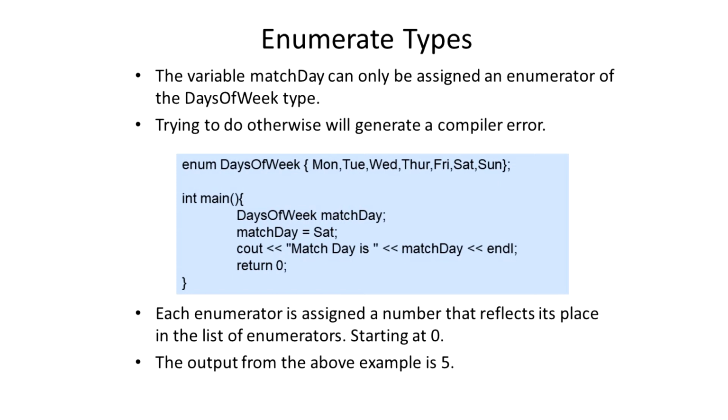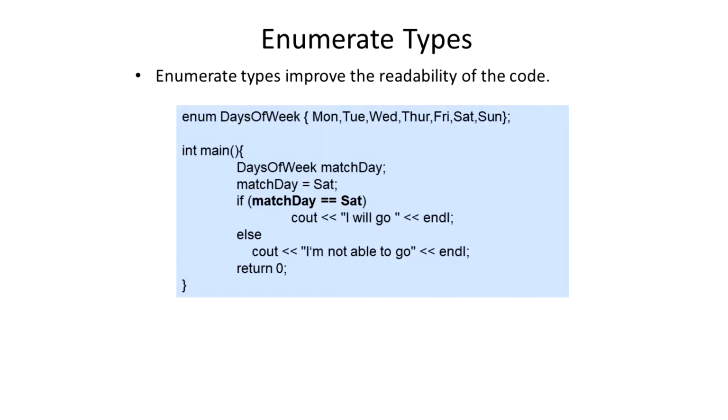In other languages like Java, you can actually assign string values for enumerate types, but here in C++, we're limited to just integer values. But still, they are a very good way of reducing the amount of validation that's required. We can still use these categories to compare against so that we don't have to check all the other extraneous variations of the categories, such as uppercase or lowercase versions of Sunday, sun, S for short, all the different variations.